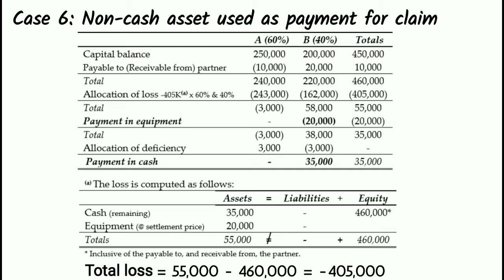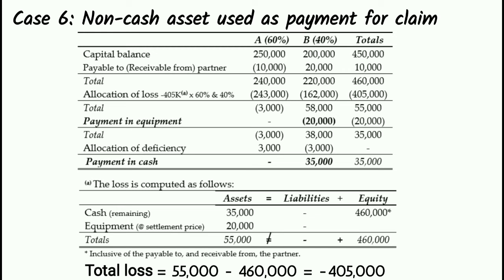For partner A, negative 405,000 pesos times 60%. That is equal to negative 243,000 pesos. For partner B, negative 405,000 pesos times 40%.